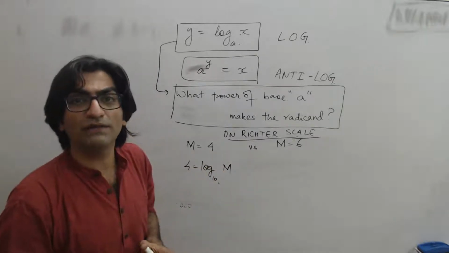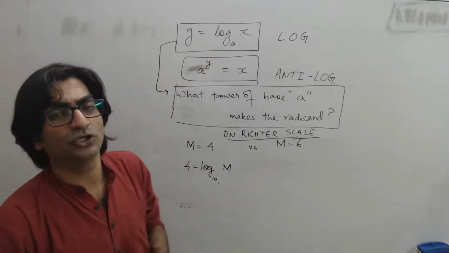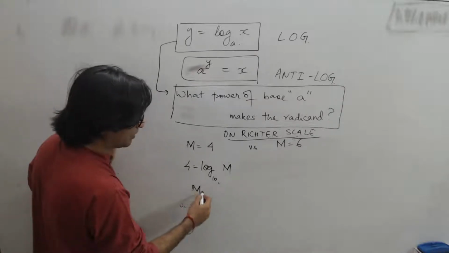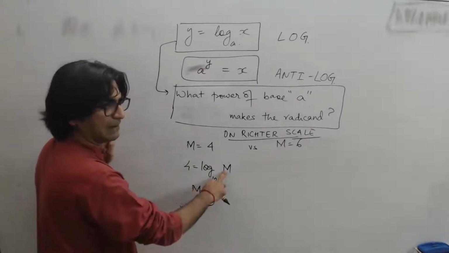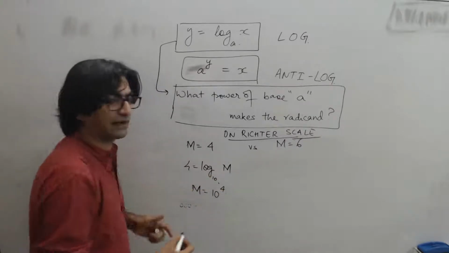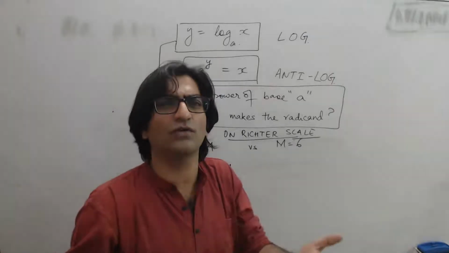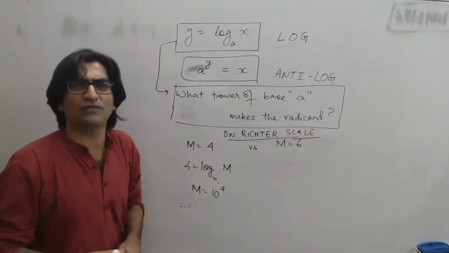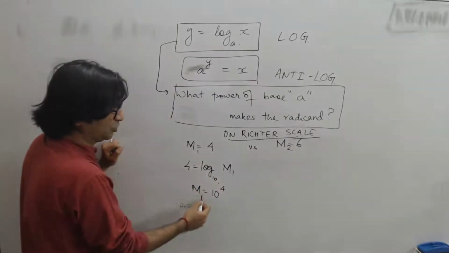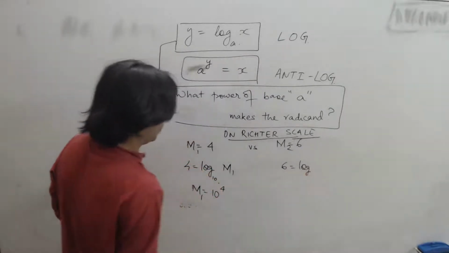Usually when the base is not mentioned, you assume the base to be 10. So if the Richter scale works on base 10, what power of 10 makes m? The fourth power, which means m, the actual magnitude, should be 10 raised to the power 4. When we said the earthquake had a magnitude of 4.5, we mean 10 raised to the power 4.5.